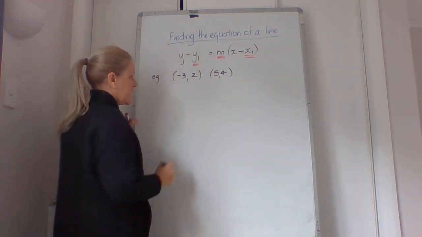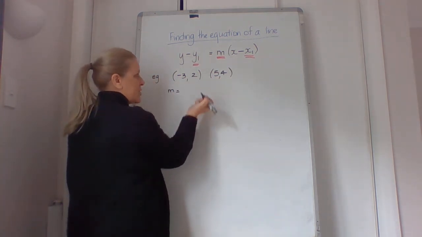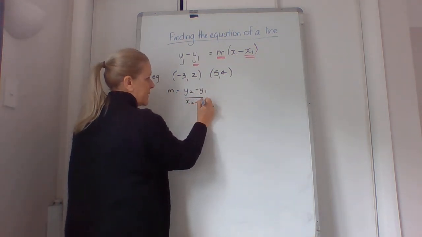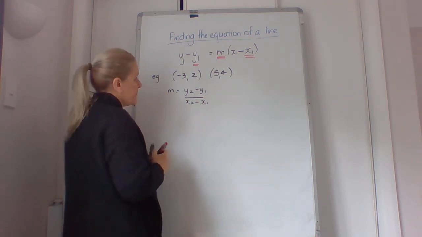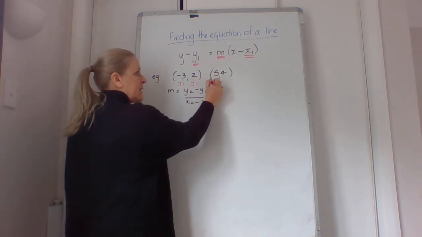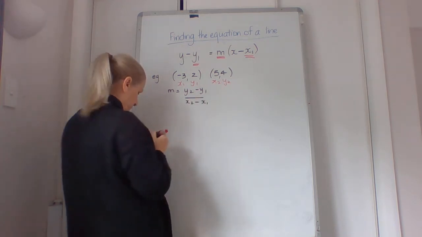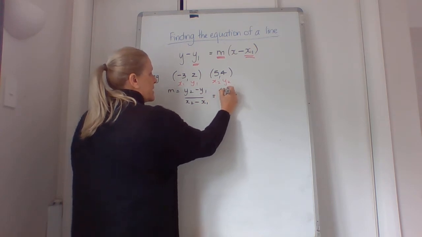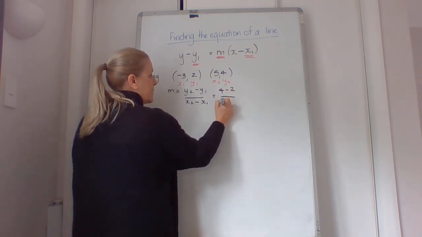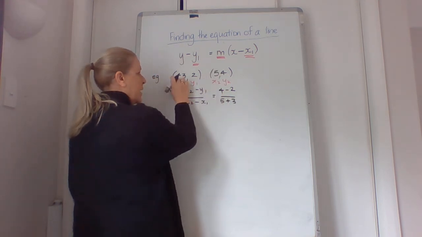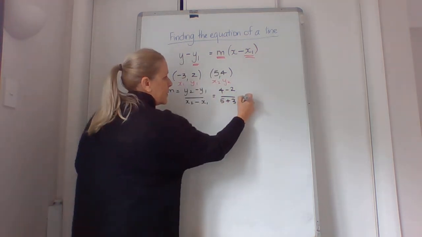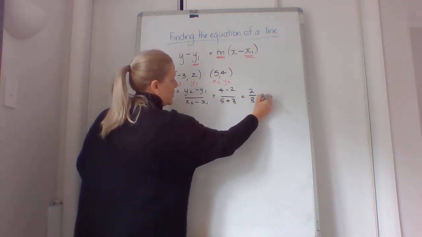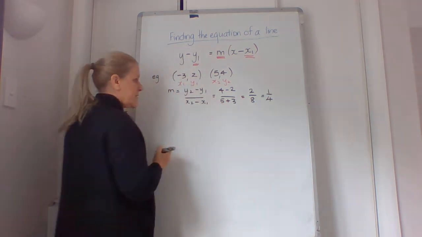Okay, so m equals the change in y, y2 minus y1 over x2 minus x1. Label our points, x1, y1, x2, y2. So we've got 4 minus 2 over 5 plus 3. 5 minus -3 equals 4 minus 2 is 2, and 8. So we've got a quarter simplified.